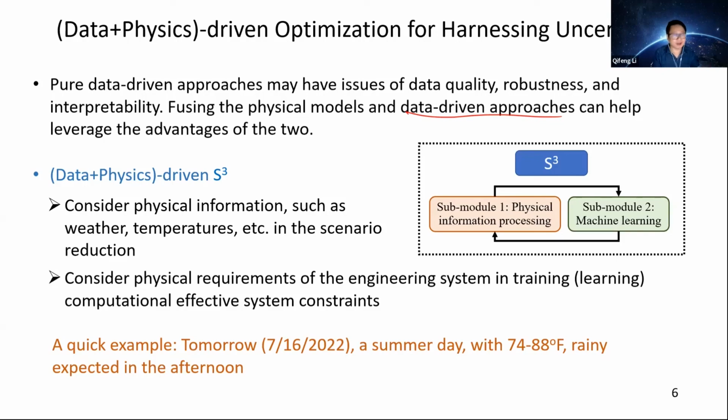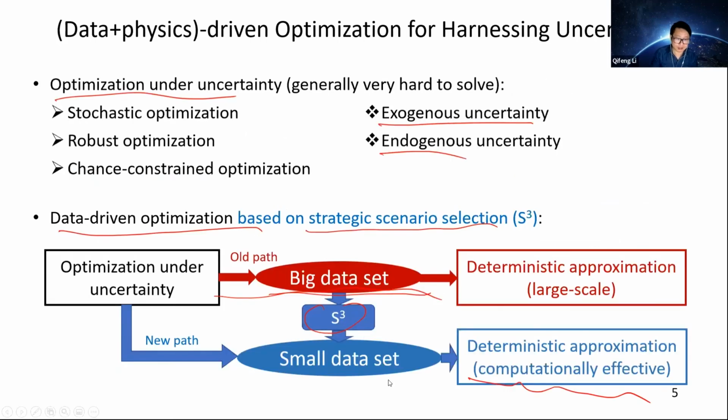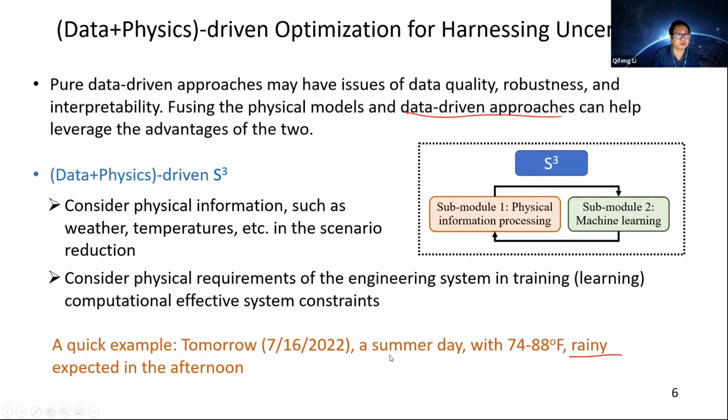It's a summer day, and in the morning it is sunny with rain expected in the afternoon. So for such a day, if we are given the historical data for the past 10 years, we're not going to pick a winter day or a sunny spring day or a rainy spring day. So this information is very useful for us to pick the data set that is used as input to solving the optimization.